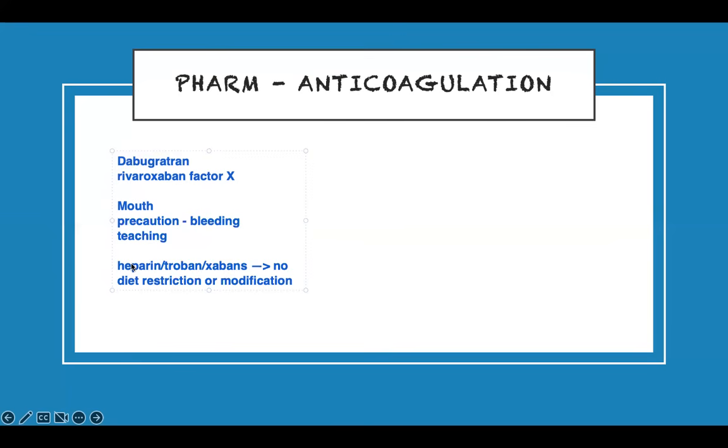They don't control that. I will stop eating spinach? You don't need to. Broccoli, no. Heparin and Zabans, no diet problem. You don't need to change anything, or even talk about diet. Coumadin, yeah, you talk about diet, but you tell them to stay consistent. Those are key concepts they can ask you to trick you about.